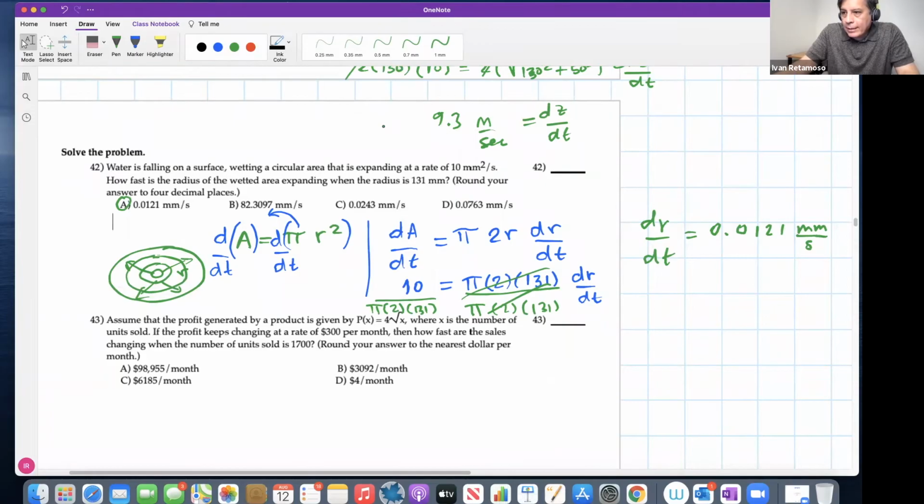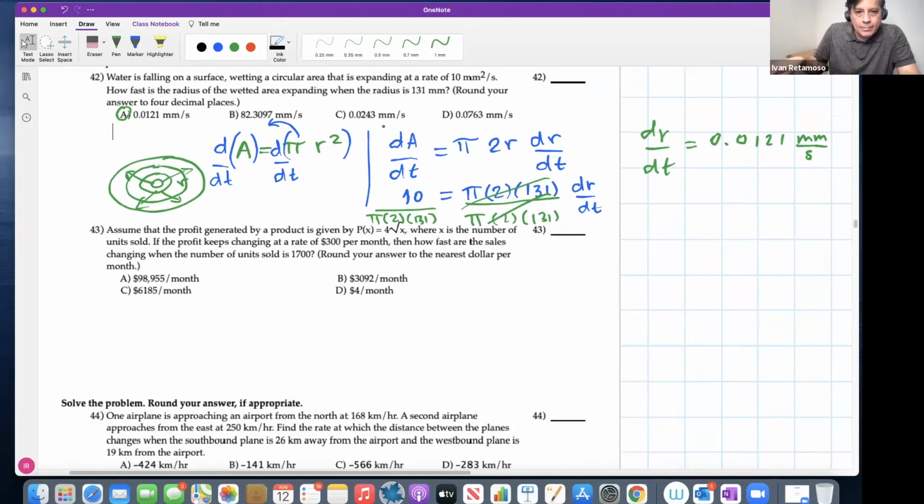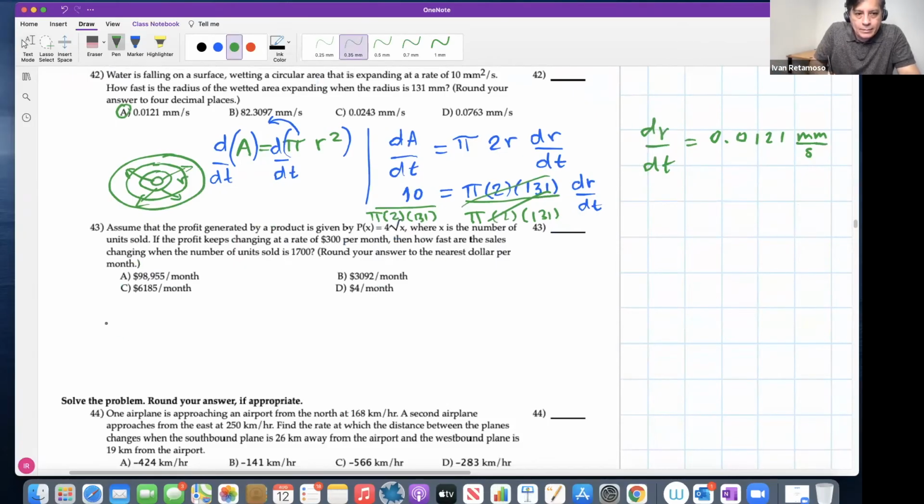Moving on. Then we talk about this profit function, an application to finance. We said that this should be easier than some other questions because they give you the formula already. You don't have to figure out the relationship between the quantities given here.